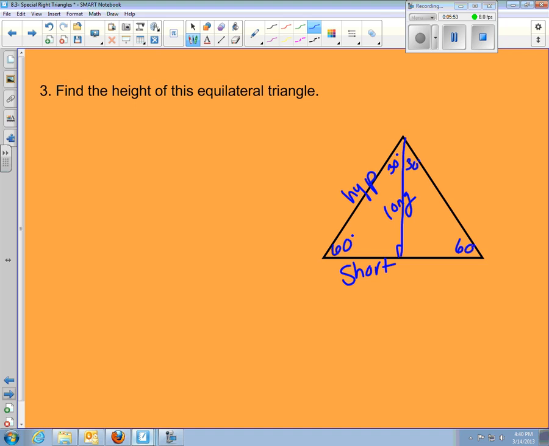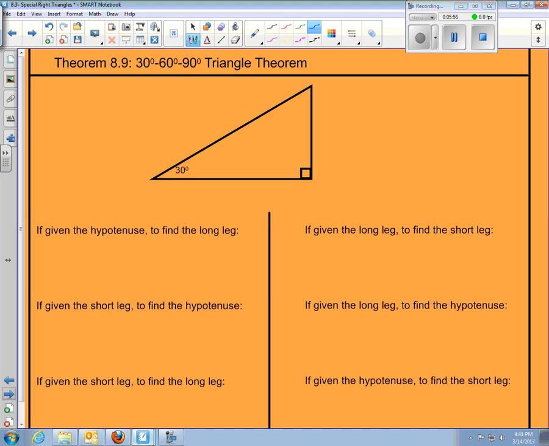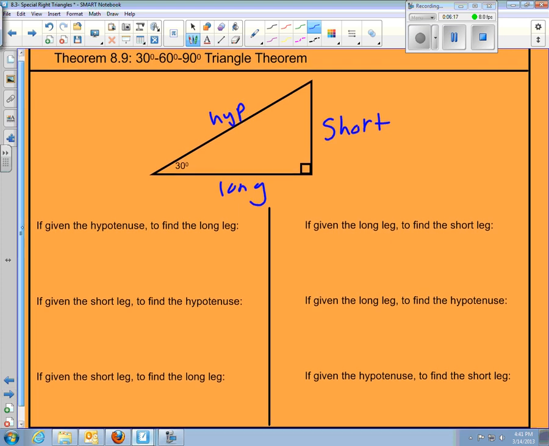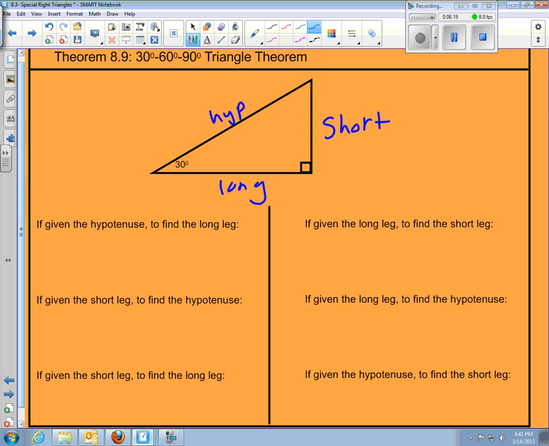All right, so let's go ahead. See that here? Again, let me show you. Short, long, and our hypotenuse. Notice how in our triangle, they only named the 30 and the 90 degree angle because we know that all the triangles add up to 180, so it's assumed that that other angle is going to be 60 degrees.